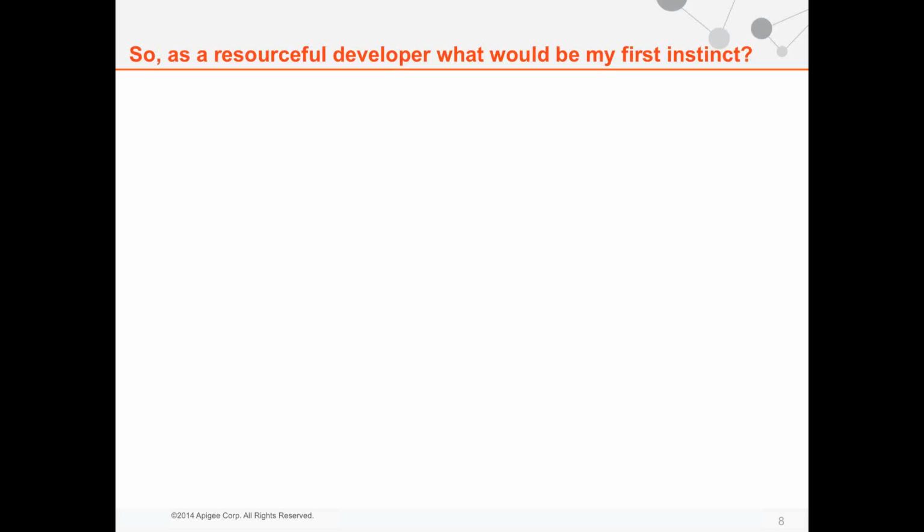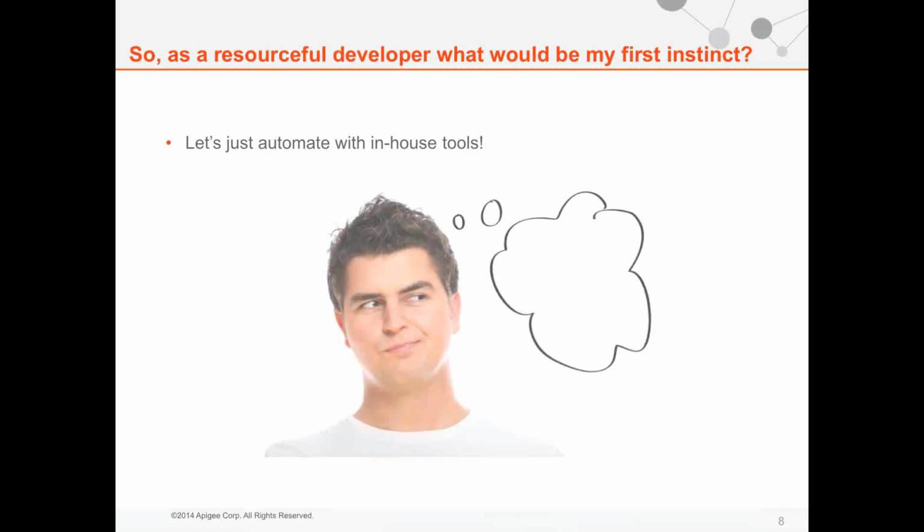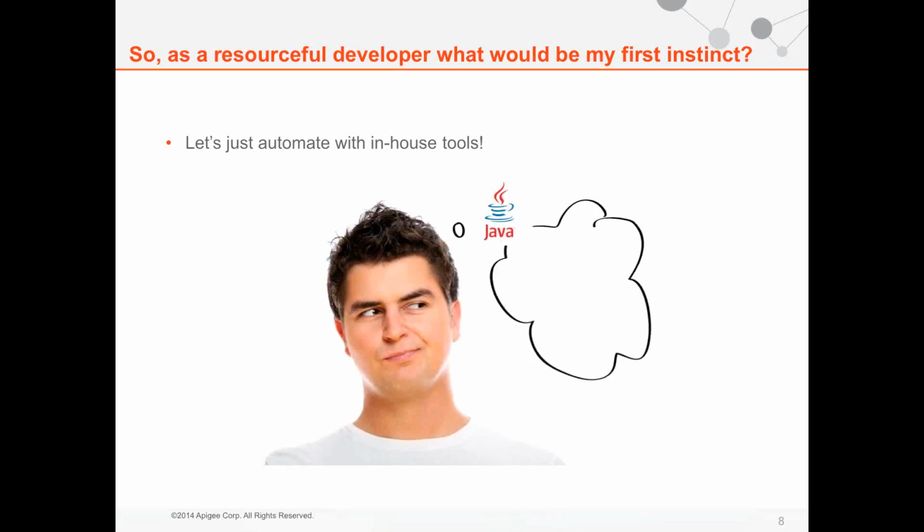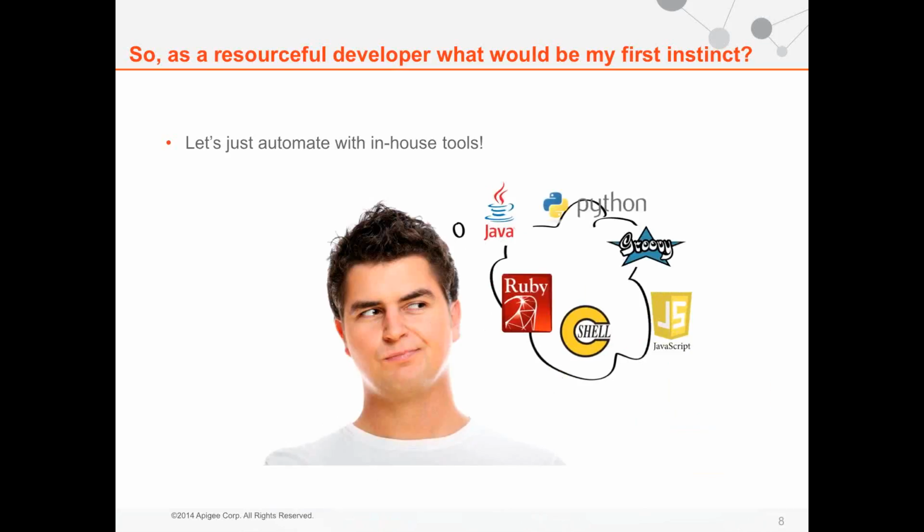We software engineers love solving problems, and we start thinking, okay, let's automate with in-house tools. And then we start thinking, okay, let's go with Java. Why not Python? Maybe Groovy, JavaScript, Ruby, C Shell, Bash, C#, F#, Korn Shell, Perl, you name it, right?